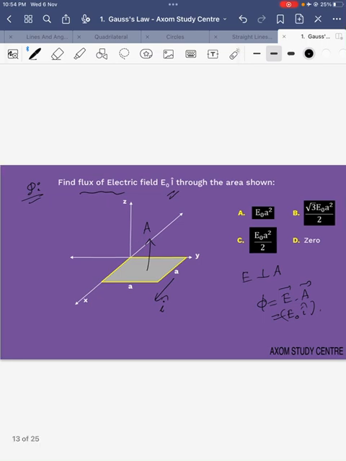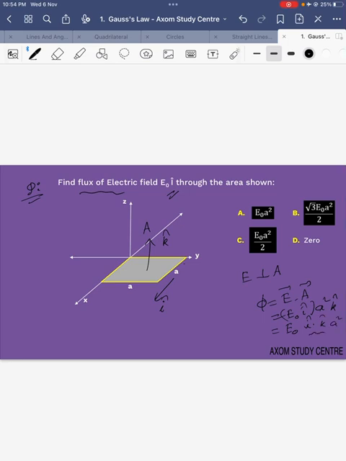This is side A, this is another side A, so A square, in which direction? It is in the k cap, so it is the z direction. x, y, z, so here k cap will come.